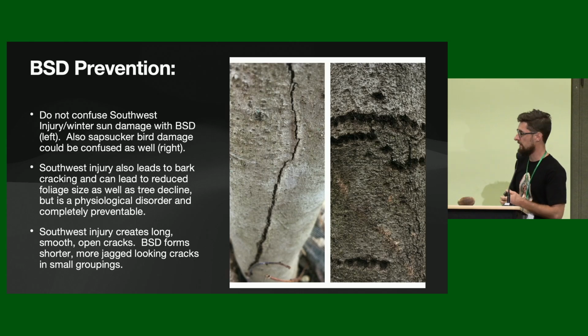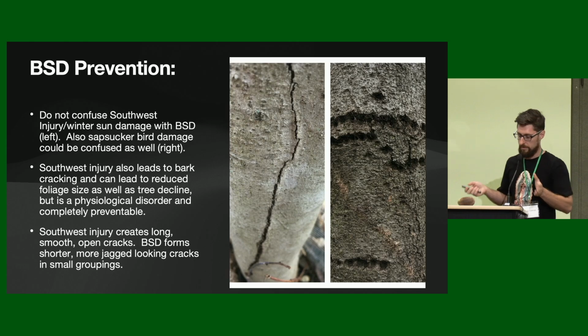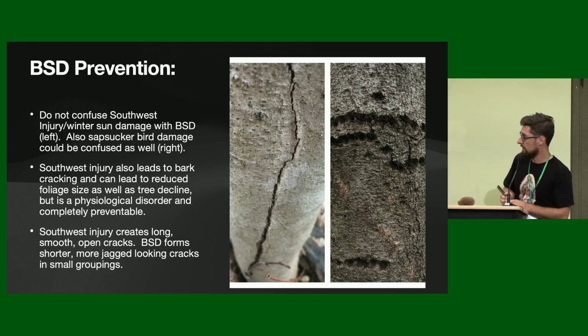It rapidly freezes and cools at night and splits the bark open because it's full of sap, and it freezes and expands and breaks. Southwest injury can lead to bark cracking and can lead to reduced foliage size as well as tree decline, but it's a physiological disorder that's completely preventable. Southwest injury creates long, smooth, open cracks. BSD forms shorter, more jagged-looking cracks in small groupings.